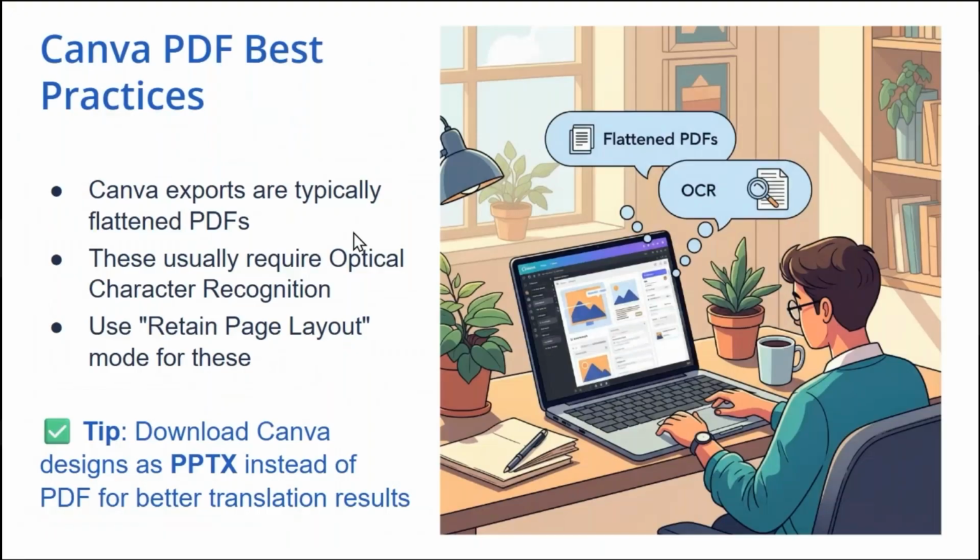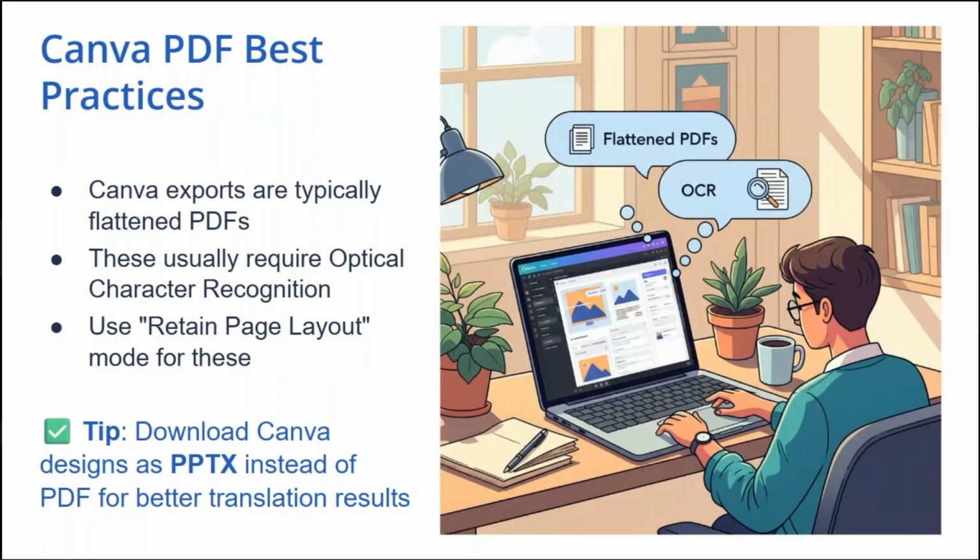Then we have this other possibility, Canva PDFs. Sometimes when you prepare content, you can use Canva. Many users choose Canva, and when you download the file, you will export PDFs as images, flattened PDFs. So remember that I showed you flattened PDFs cannot be edited.